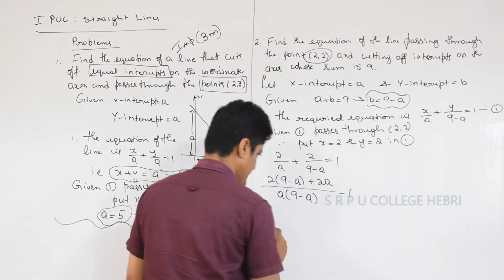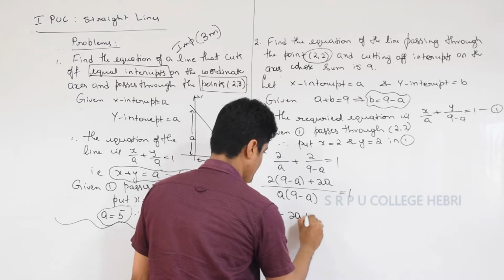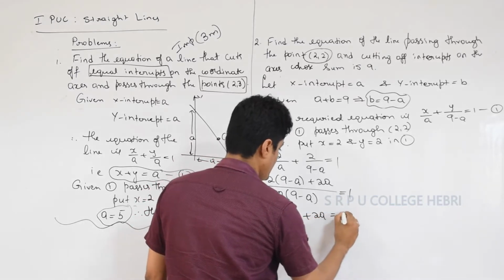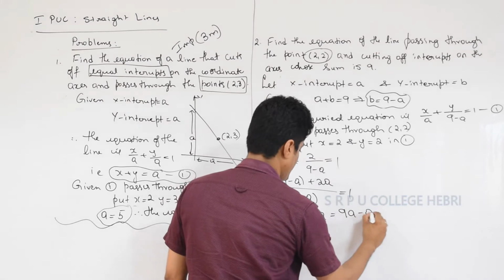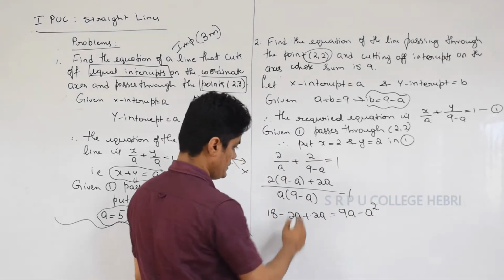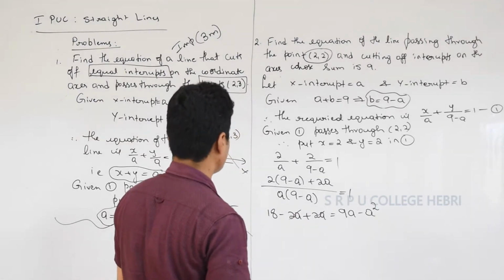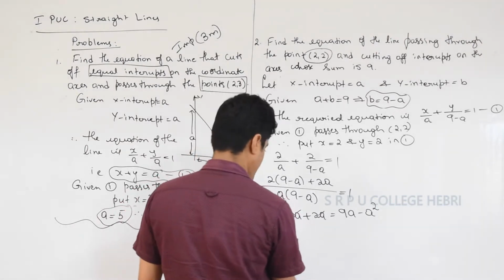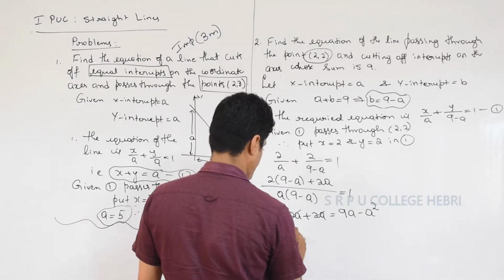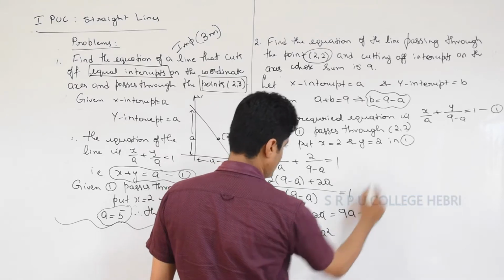Cross multiply, you'll get 18 minus 2a plus 2a equal to 9a minus a square. Here plus 2a and minus 2a cancel. So the remaining thing is 18 equal to 9a minus a square.